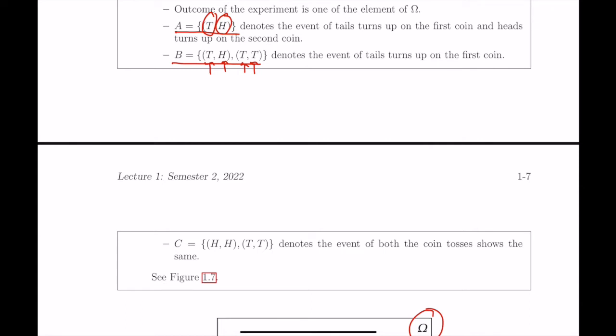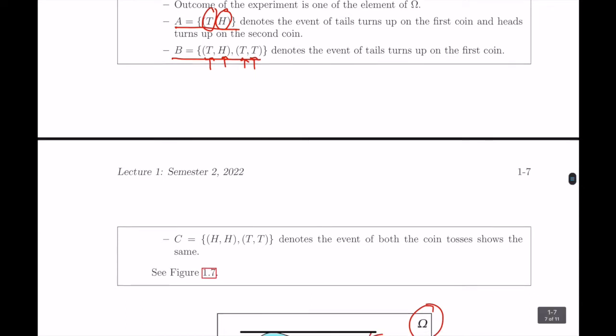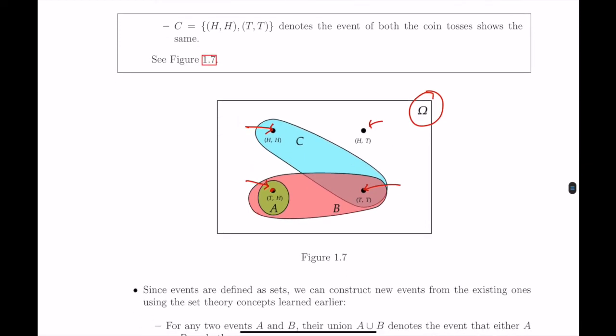First coin showing tail and the second coin showing head, as well as both the coins showing tails. So B represents the event where both the outcomes are inside. Similarly, if you consider C, a set where both the coins are showing the same result, then C is set consists of two elements, head and head, and tails and tails. So this is how we represent.